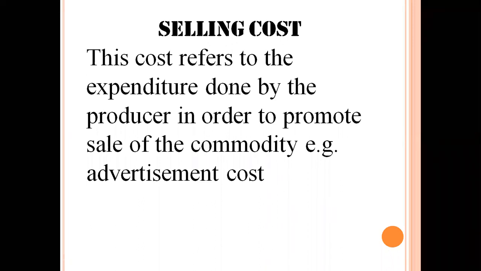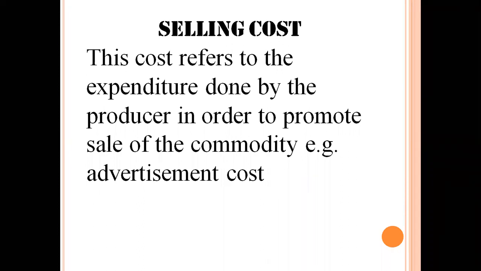If I am producing a good, making a product, then in order to promote the sale of that product, I may incur various expenditures. For example, I need to do the advertisement.